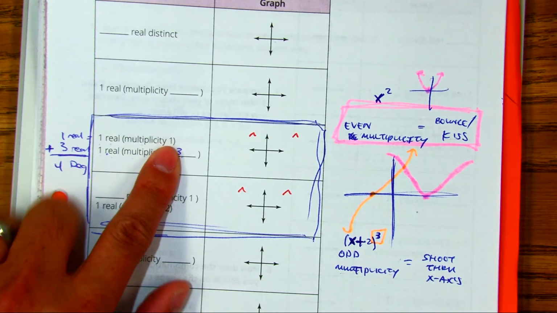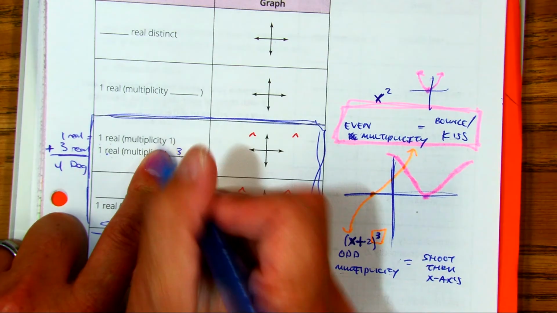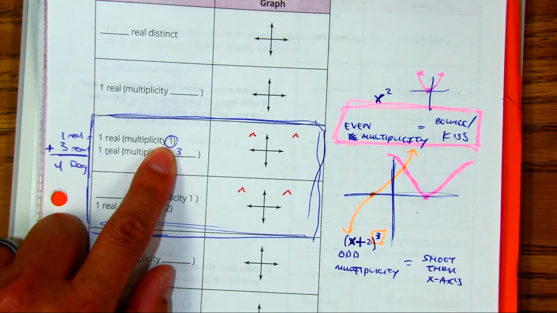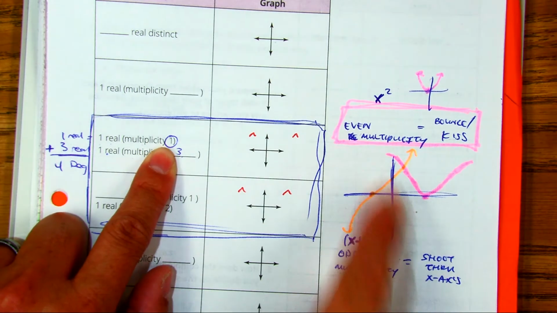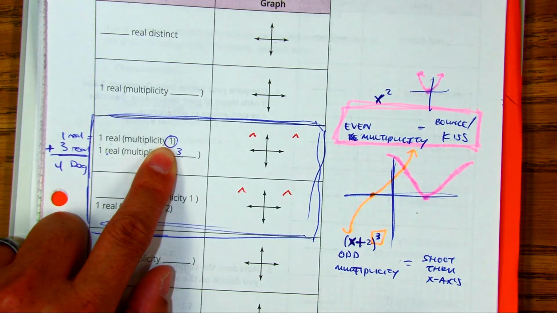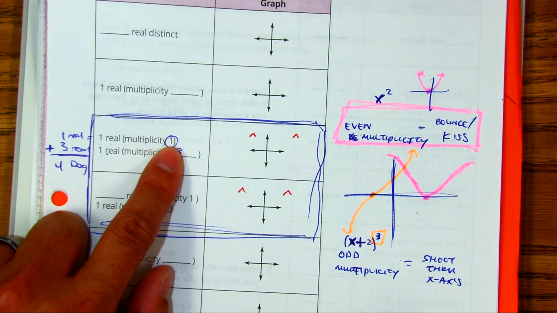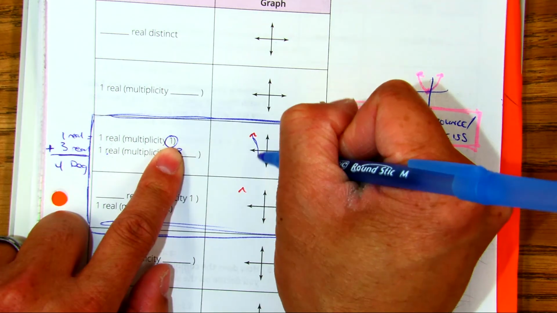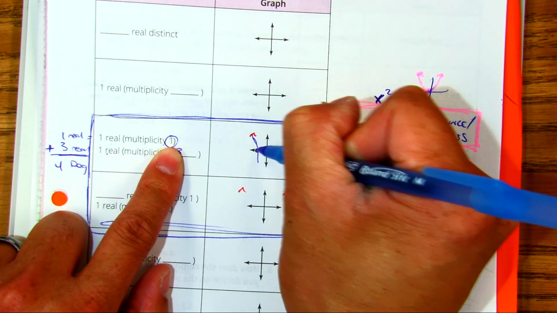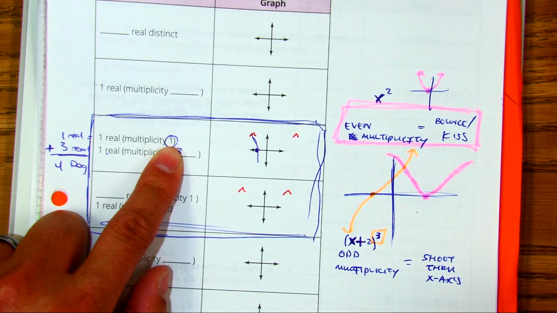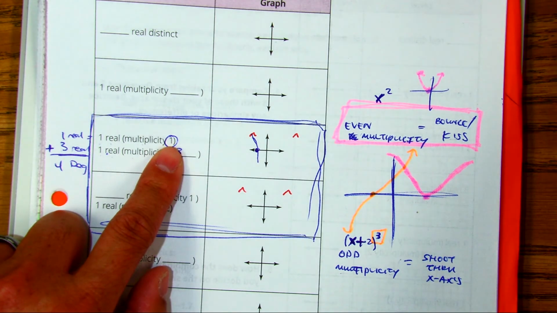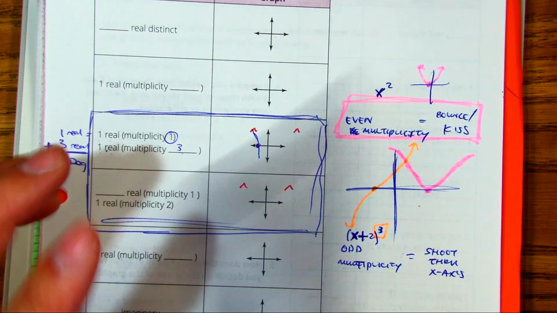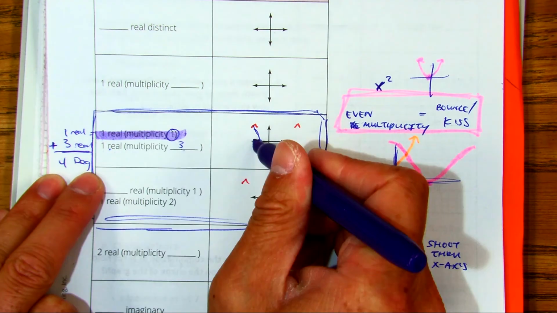Multiplicity of 1. Is this even or odd? 1. Even or odd? Odd. So it's going to shoot through at one location. There's my one shoot through. Does that make sense? Let's highlight that for you. Purple. You like purple? There's my shoot through.